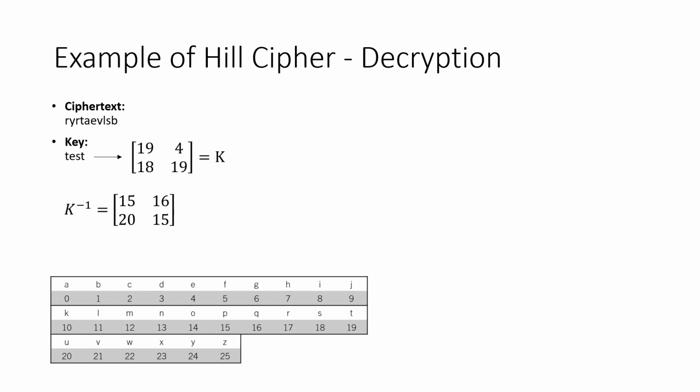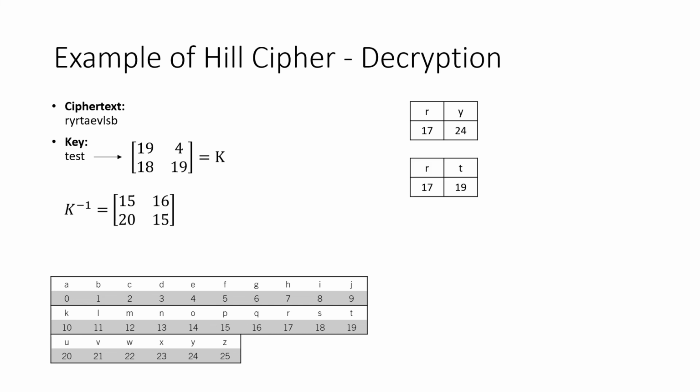And now we can use the same method that we used for encryption, where we transform our plaintext into blocks. We do the same thing with our ciphertext, into blocks of 2 letters. The very first block, we have letters R and Y. They correspond to numbers 17 and 24 in mod 26 using our mapping table.